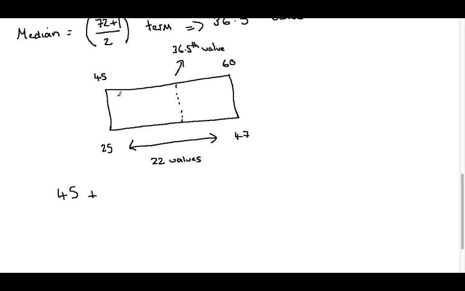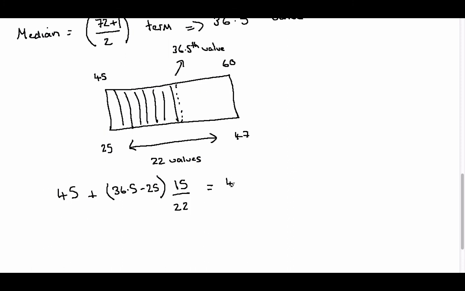Okay, so I need to go over from 25 to 36.5, so it's 36.5 minus 25. That tells me how many steps I need to go across till I get to my value. And then I need to know how long each step is. And so how long is each step? Well, the total distance is 15 over 22.